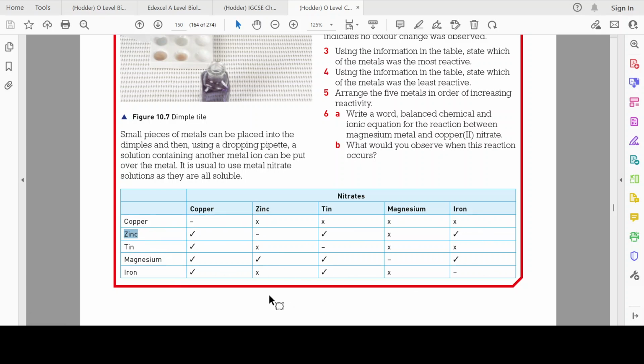Then iron is displacing 2 of them. That's third. Tin is displacing only one of them, so that's fourth, and copper is last because it is not displacing any of the other metals. Does that make sense?